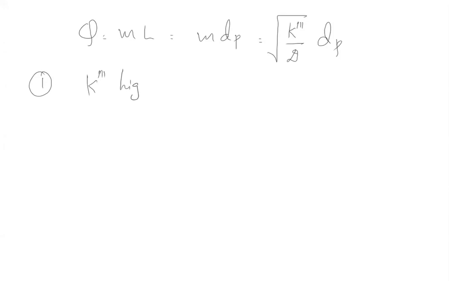Let's say m into L, or m into dp, where m is root of k triple prime by D into dp. Now, first option, fast reactions means k high and dp low. Second option, k high and dp is also high.